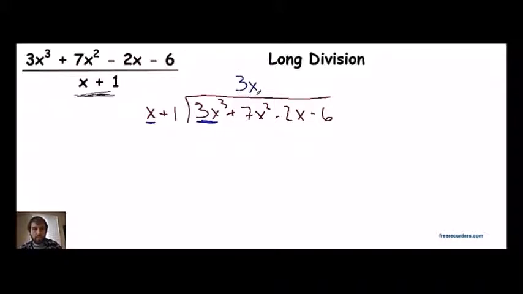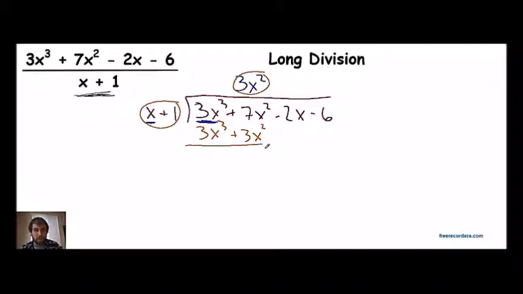Okay, so I like to keep my powers of terms kind of over the top of each other. And then, just like you did with long division, I'm going to take that number and multiply it by this to figure out what happened. So I end up with my 3x cubed plus 3x squared.